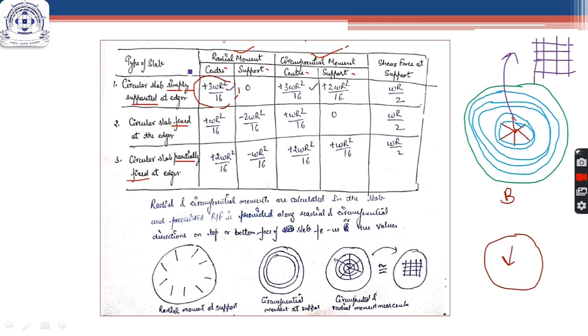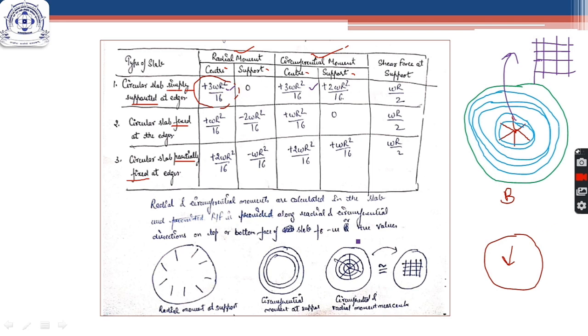So if we have a circular slab which is fixed at edges, then we will have radial moment at center, wr square by 16. So we will provide radial reinforcement at center, and here we have radial moment at support also, which is negative.